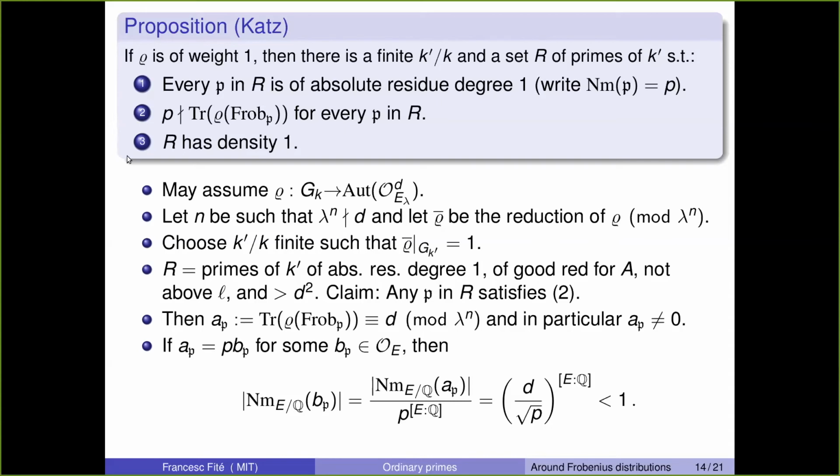But then you compute the norm of Bp, it is the quotient of the norm of AP by the norm of P, and because rho is an integral representation of weight 1, you easily see that as soon as P is big enough, bigger than d squared, then this norm will be less than 1, and therefore Bp will be 0, which is a contradiction. So that's the proof of the proposition by Katz. Any questions?